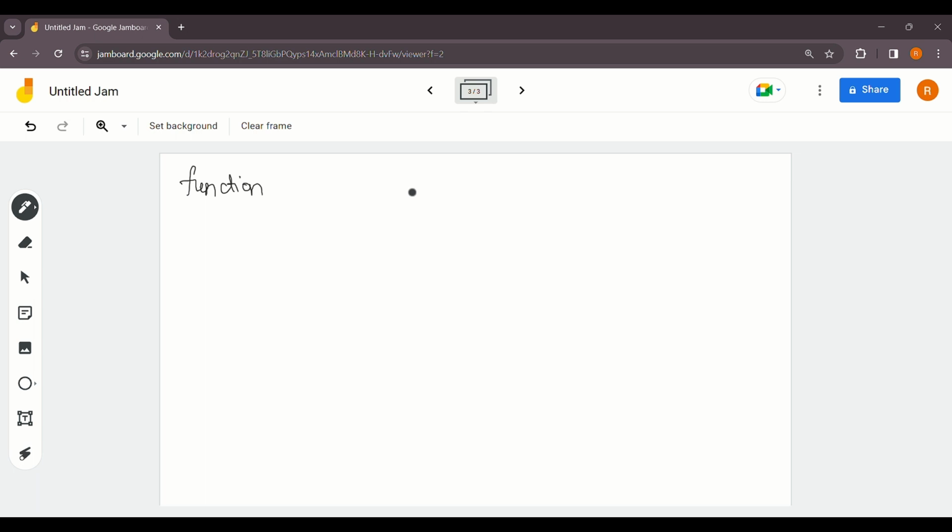Without domain and range, how to find the inverse trigonometric values, we are going to discuss. Then you can easily understand the simple technique of using this domain and range.